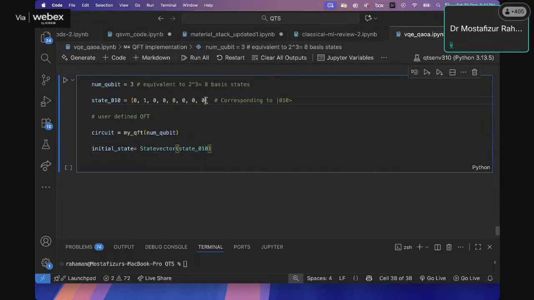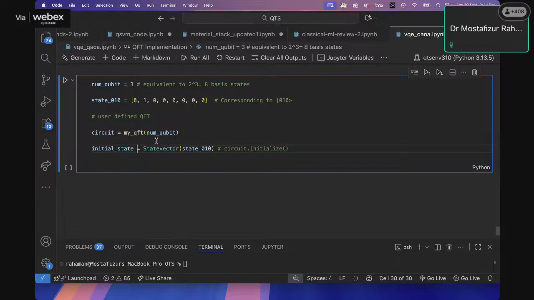Those who are taking, for example, some 8 values of a sinusoidal signal, you can use either state vector, or there is another command. I'm just writing that as a comment here. You can do circuit.initialize. This function is also valid, where this is your circuit part. Here I have taken directly the binary string 0, 1, and the rest all 0.